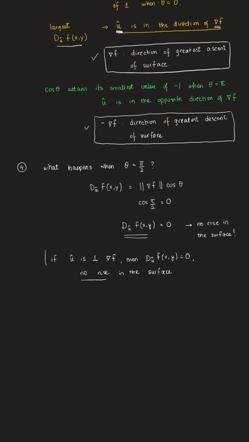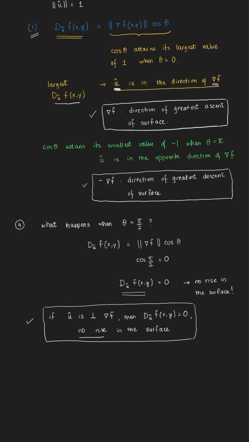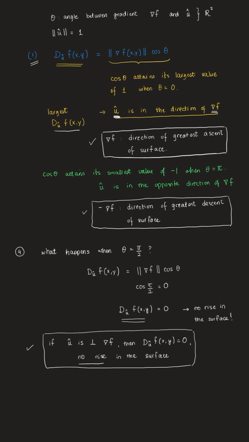I'm going to continue talking about these ideas in the next video because it's getting a little bit long. But three things that we just learned. If we choose a path in the direction of the gradient, we're going to have the greatest ascent. That will be the path of greatest climb on our surface. If we choose a path in the opposite direction of the gradient, we're going to go down the surface.